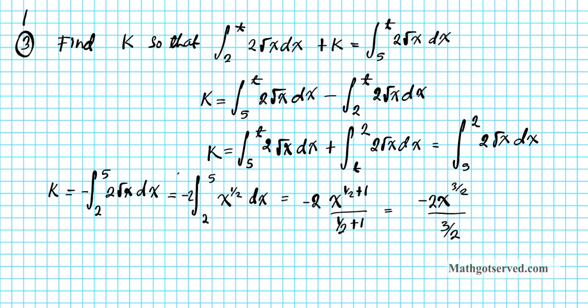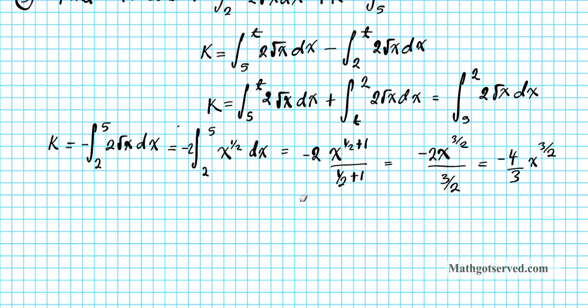And then if you simplify this, you have negative 4 over 3 times x to the 3 over 2. That's if you reciprocate 3 over 2 and multiply by the top, you get that. So remember, we're evaluating this from 2 to 5 to get the value of k.